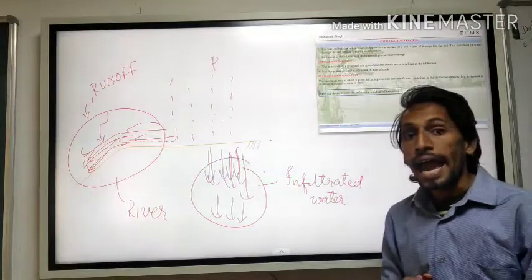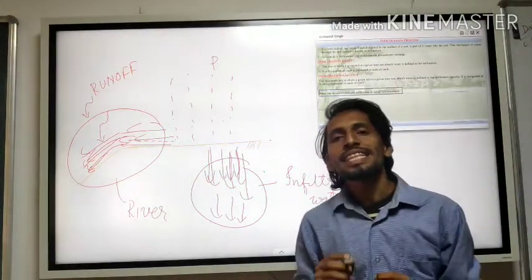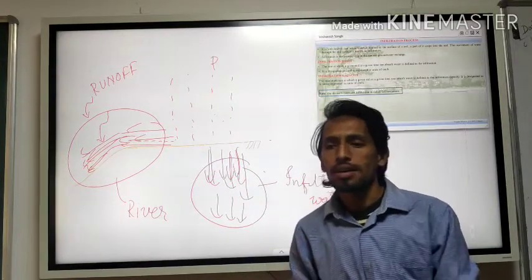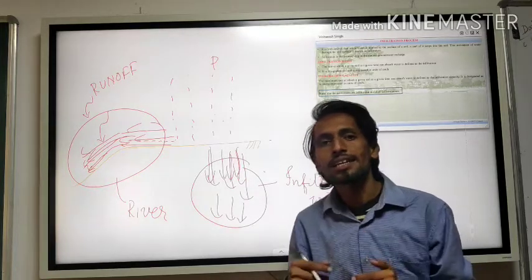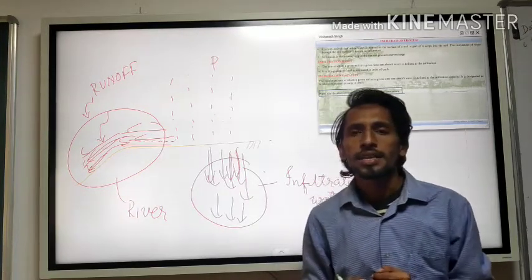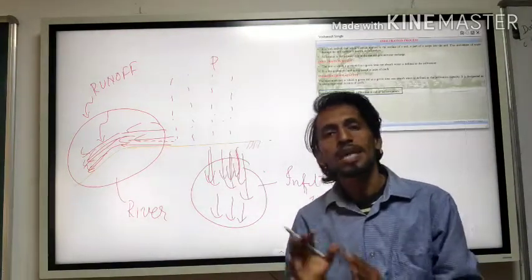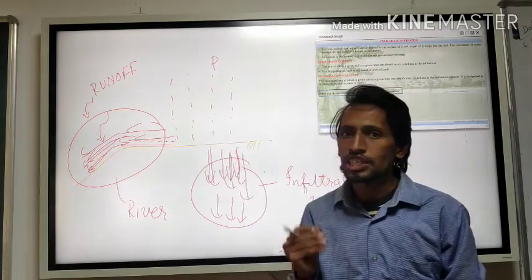And what is infiltration capacity? These rates are changing. When you pour water, it will enter the earth with some velocity, then after some time that velocity will change.